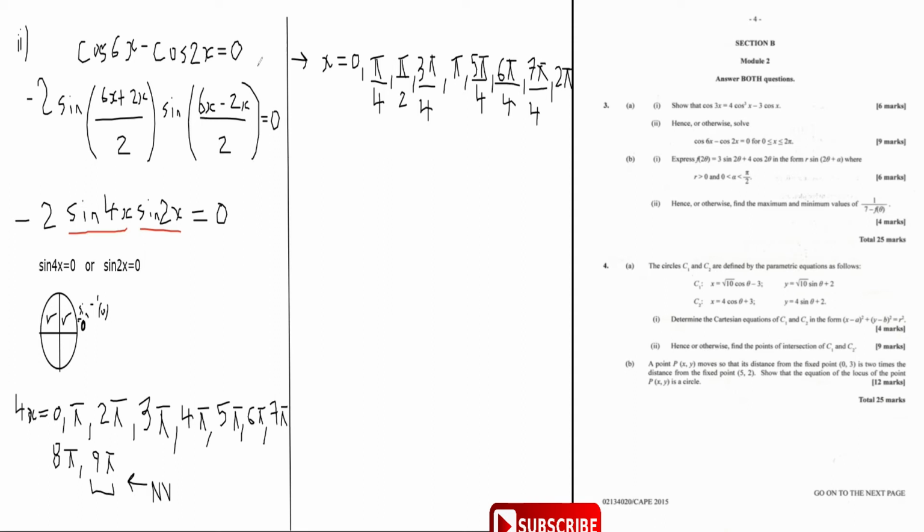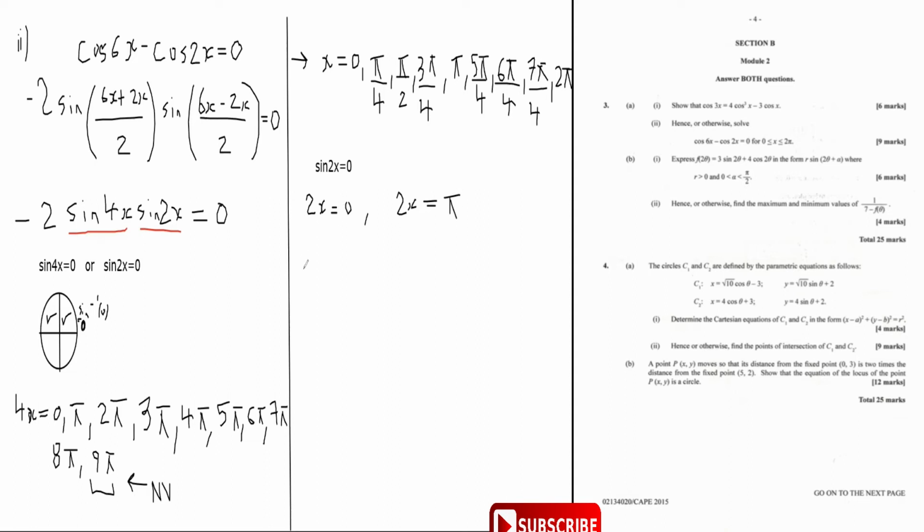Let's solve sine 2x equals 0 now and look at the solutions we're getting. Again, the two possible answers are 2x is equal to 0 or 2x is equal to pi. Now we can go around the circle one more time.